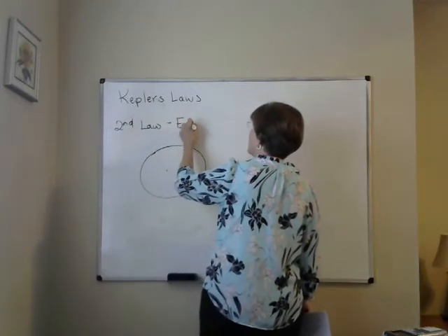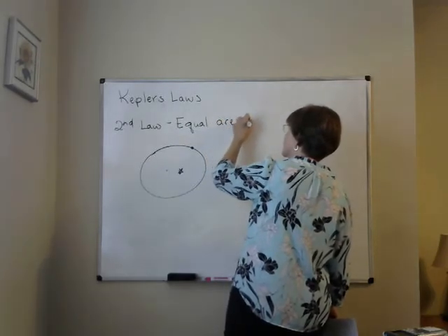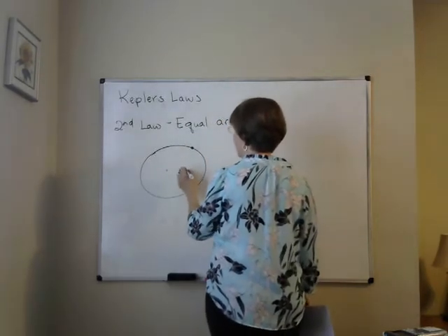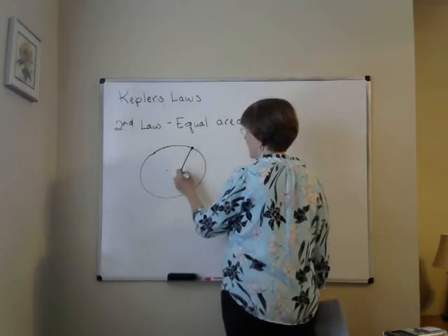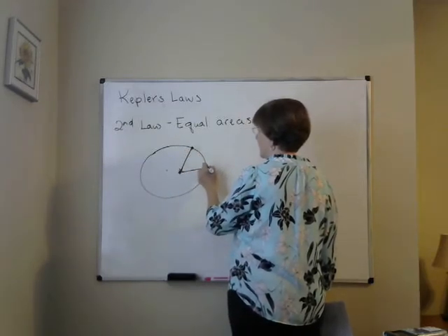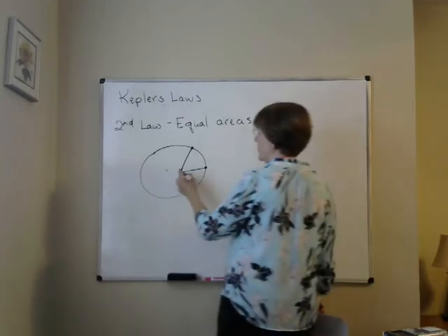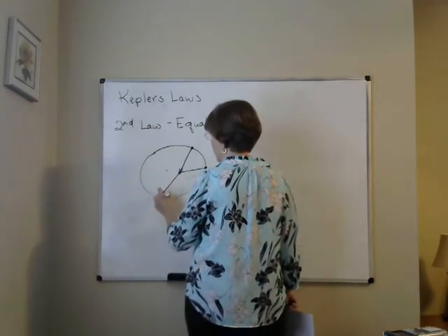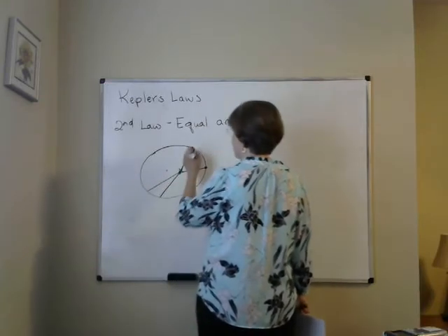Sometimes this is called the law of equal areas. If I sweep out, let's suppose the sun goes from here to here, and that's a certain amount of time. And then another point, the sun goes from here to here in the same amount of time.